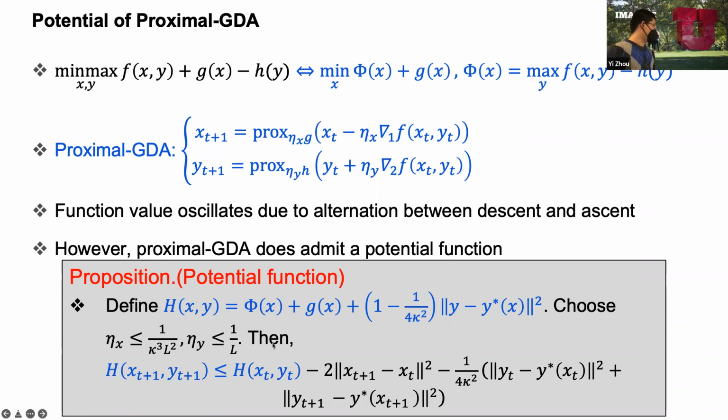This H(x, y) is the potential function corresponding to this proximal GDA algorithm. I will talk about this later, but essentially what we show is that under some choices of learning rates, this function is monotonically decreasing over the iterations. So all these terms are strictly negative, so it is strictly monotonically decreasing.